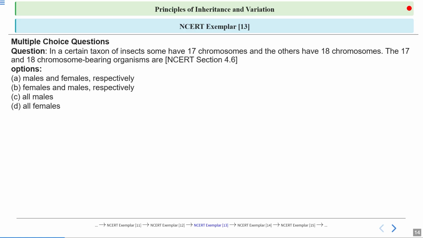So in some insects there are 17 chromosomes, and 18 chromosomes in the other sex. So the 17 and 18 chromosome bearing organisms are males and females respectively, or females and males respectively? All are males or all are females? What will be the correct answer here?